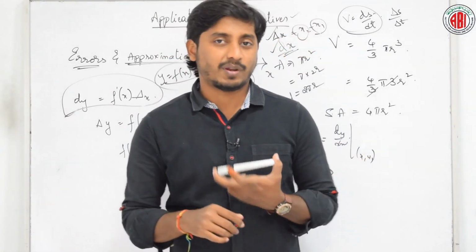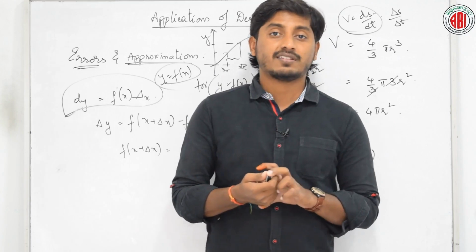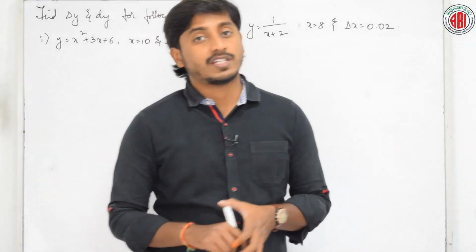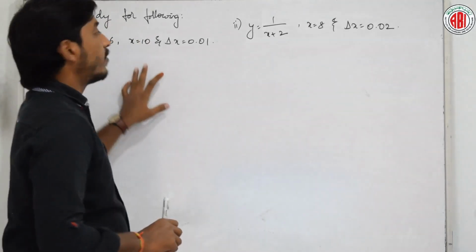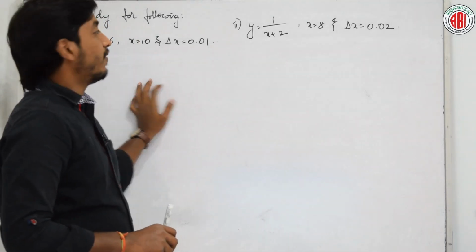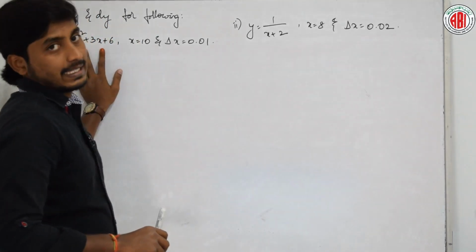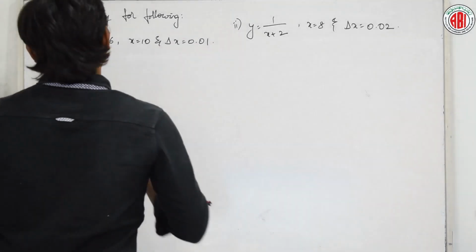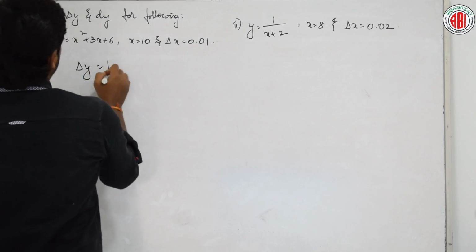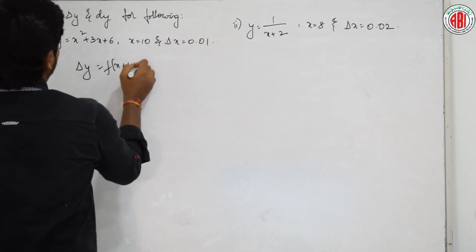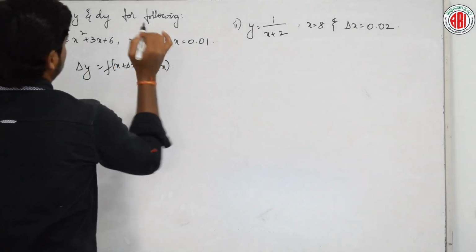Shall we start doing the problems of errors and approximations? Let's do. Look at these questions here. He is asking to find delta y and dy for the following. What is this y? y is some function of x. Just tell me, what is the formula of delta y? Delta y is f of x plus delta x minus f of x.